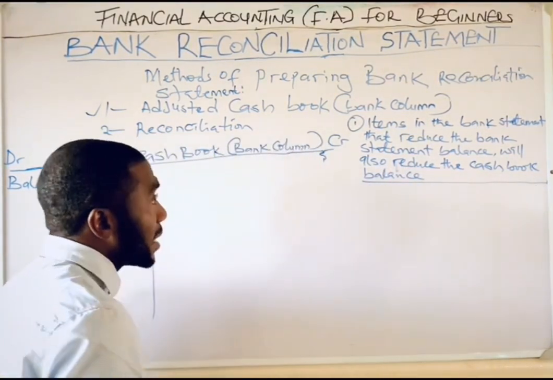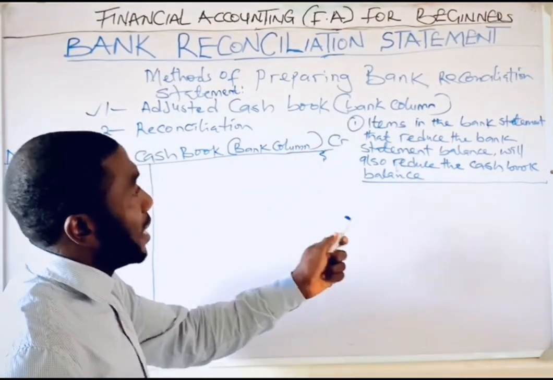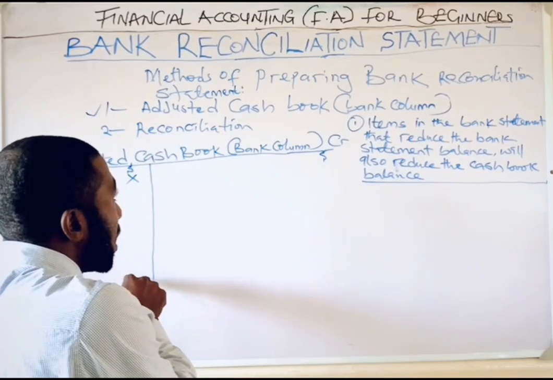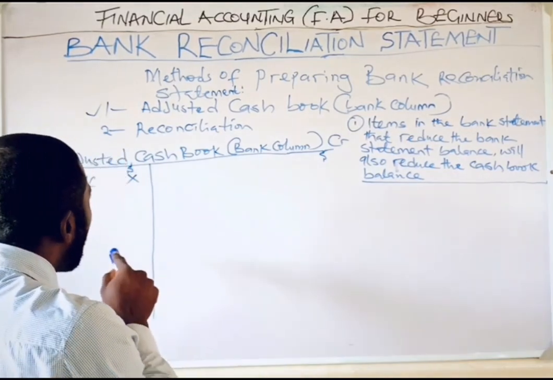That is, those items in our bank statement that are not found in the cash book, and we are going to use these items for adjustment.